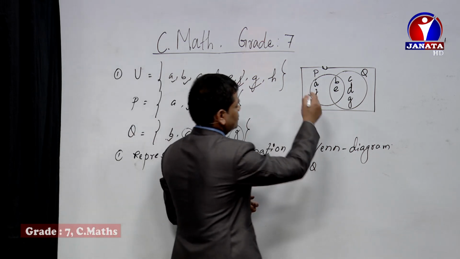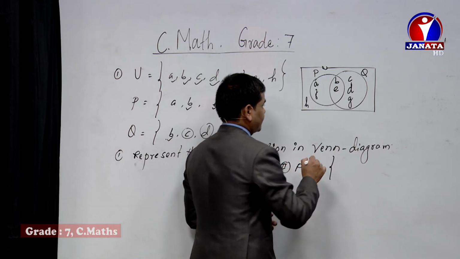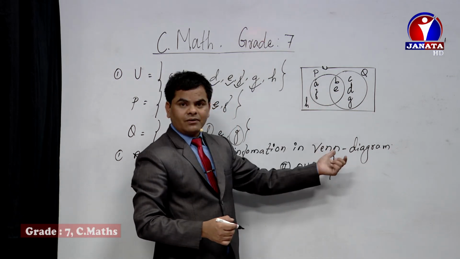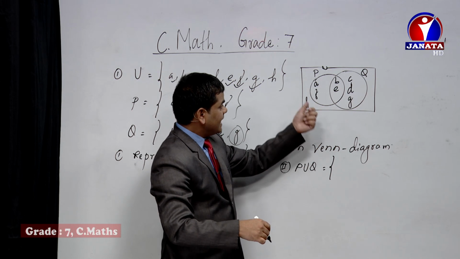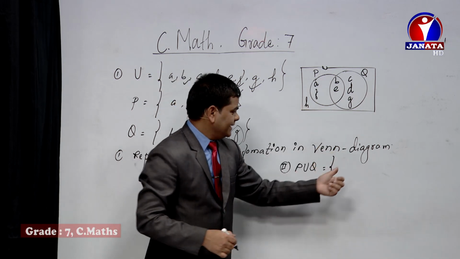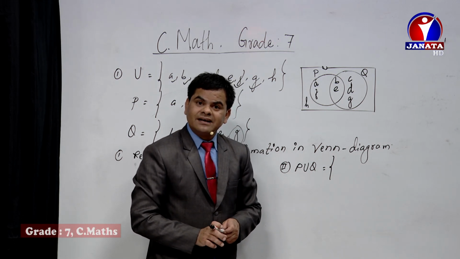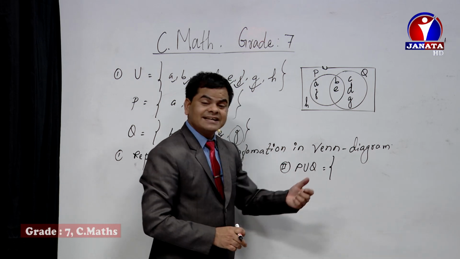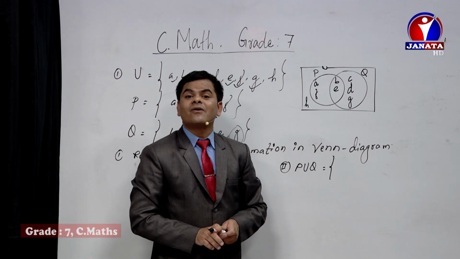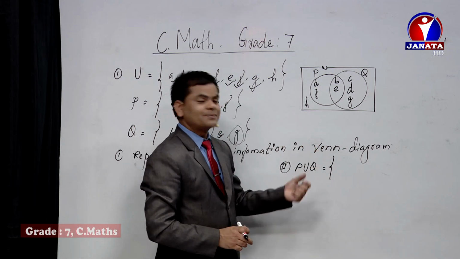So if you see both circles, and if you arrange them alphabetically, then A, B, C, D, E, F, G, up to G we can include here. But it doesn't mean that you need to write alphabetically. You can include the elements in disorder also, but it is better to keep them in order so that it looks beautiful.